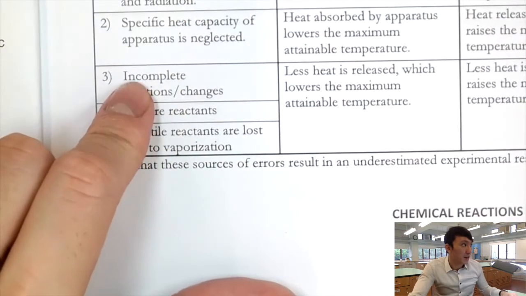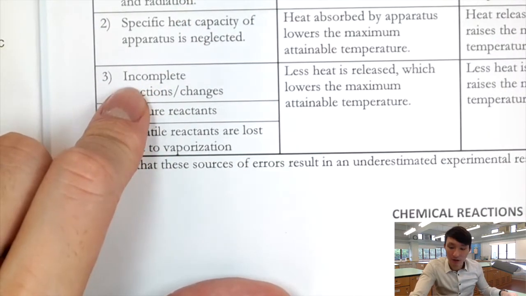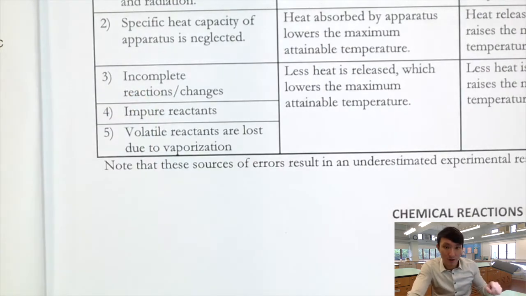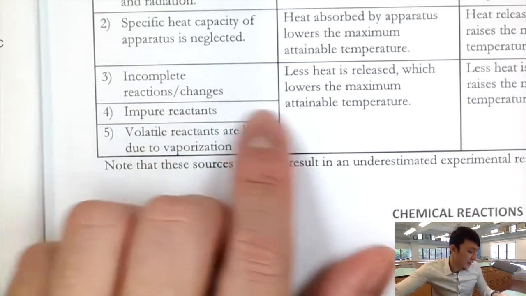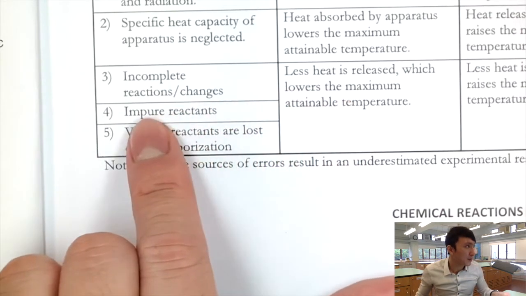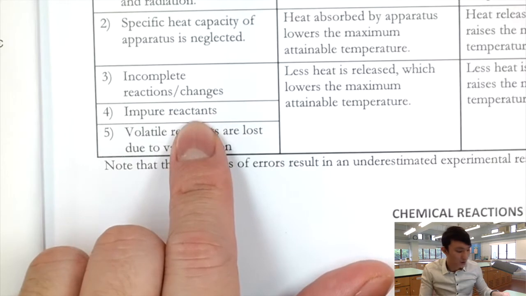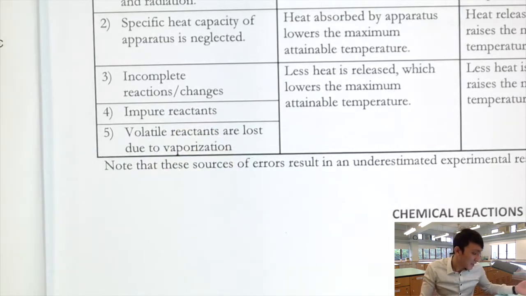Now here, incomplete reactions. Reactions obviously could undergo incompletely. Maybe you didn't stir it thoroughly enough, so some of the salt still remains undissolved. Let me talk about the others, for example, impure reactants, like you are having the calcium nitrate, but it is not 100% pure.